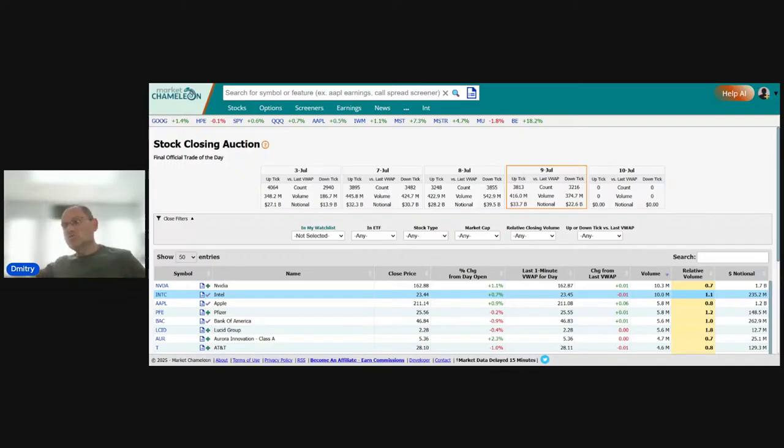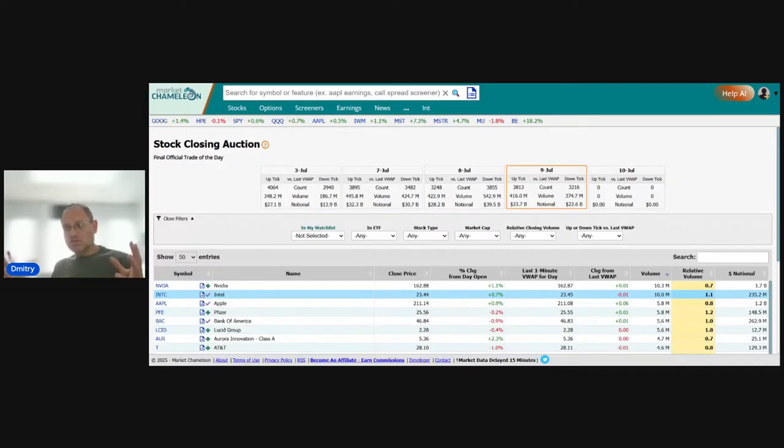Then we have continuous trading, but then we have this official closing trade, and that isn't based on the last trade of regular trading hours. It's actually a single price auction that accumulates buy and sell orders that are designated to be executed at the close.